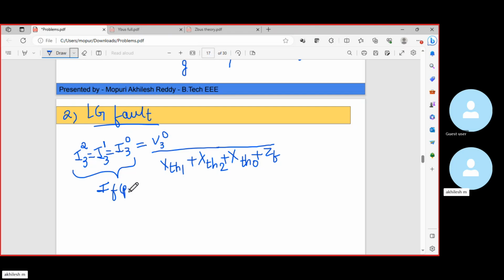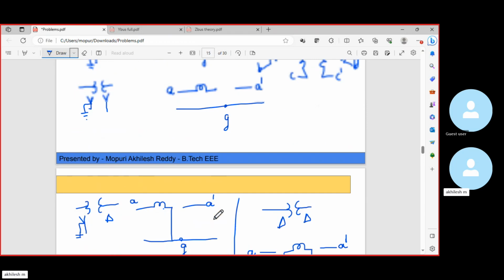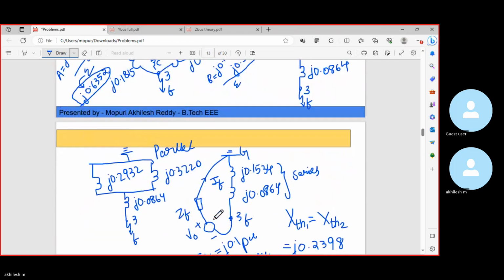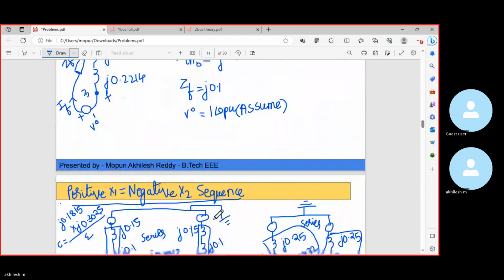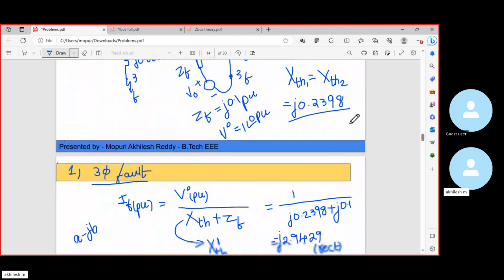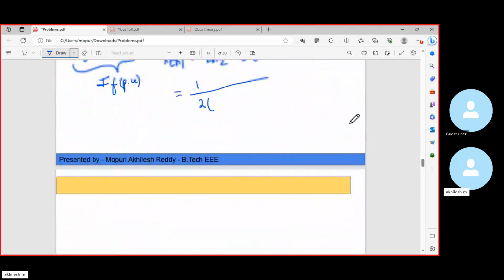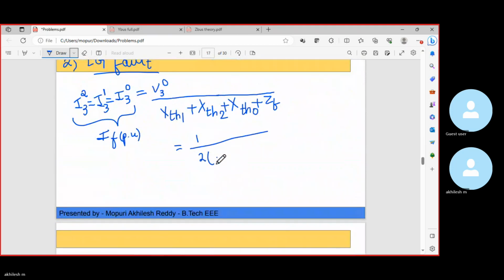Now what is the pre-fault voltage? Pre-fault voltage is 1, which is divided by: XTH1 and XTH2 are the same, so I am writing 2 times XTH for the first one and second, that is J0.2398.